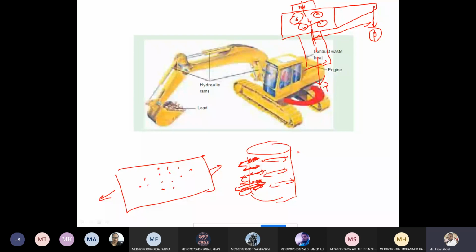For this, I have shown an image on the screen. See here, the centroid of this system lies somewhere here, due to the total weight of the machine, but we are applying the load here.